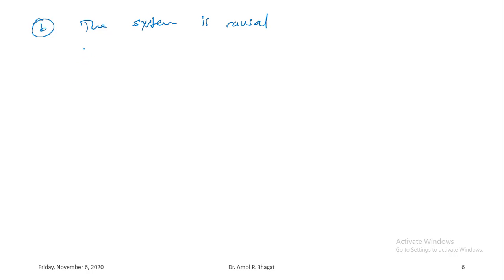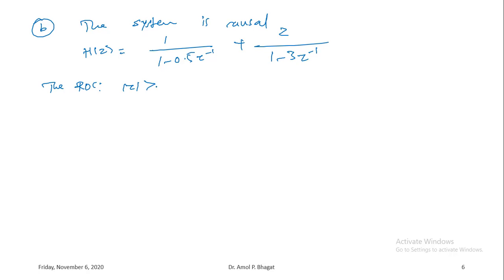Again I will write h of z equals 1 upon 1 minus 0.5 z inverse plus 2 upon 1 minus 3 z inverse, and it has two poles, z equals 0.5 and z equals 3. As the system is causal, the ROC will be mod z greater than 3. It should be greater than 0.5 as well as greater than 3, because it will be exterior to the circle.